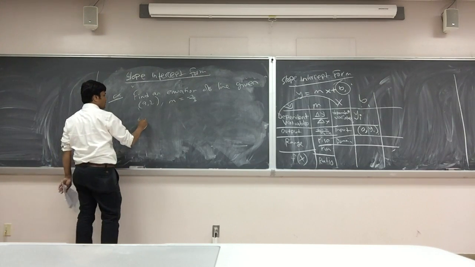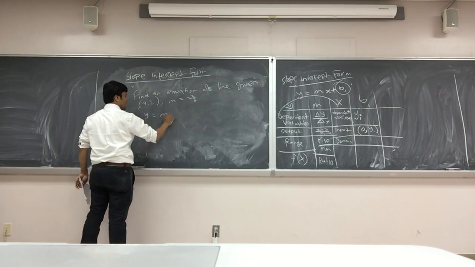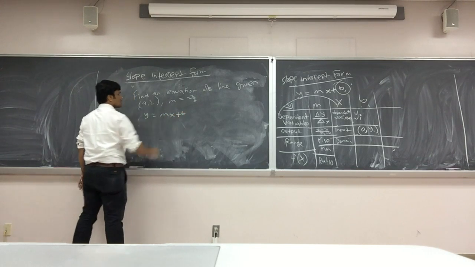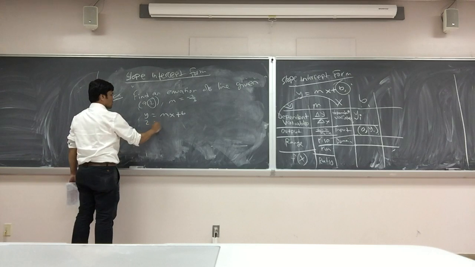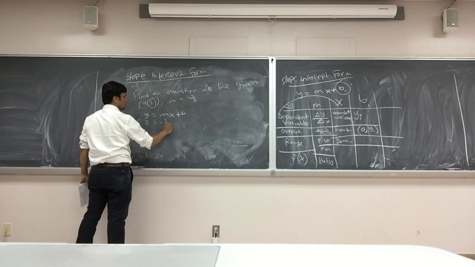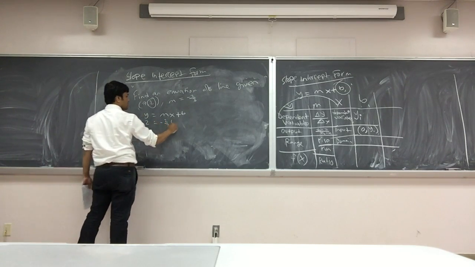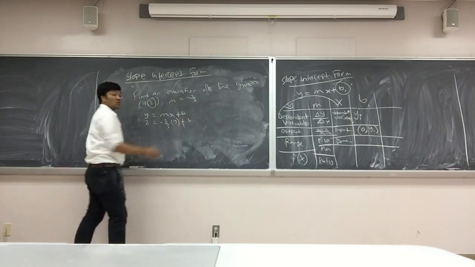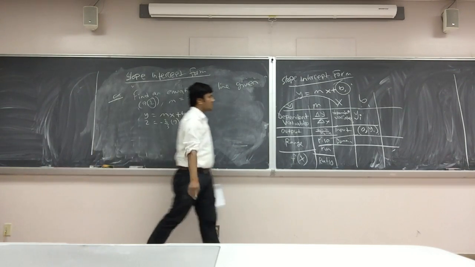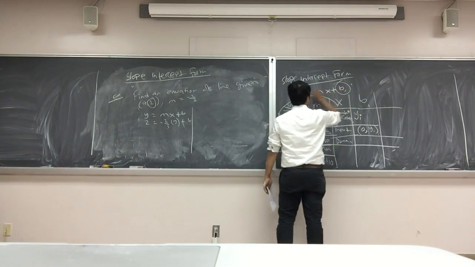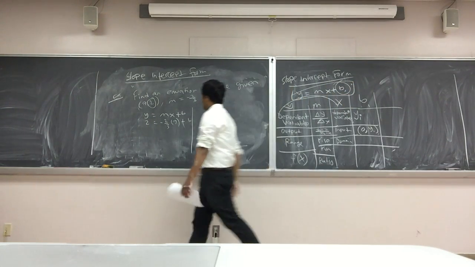So slope intercept form is y equals mx plus b. So what is our y? Pretty simple. Our y is 2. What is our m? -2/3. What is our x? 9. What is our b? We're gonna find b, and then we're gonna plug that in over here, and then we're gonna complete that.